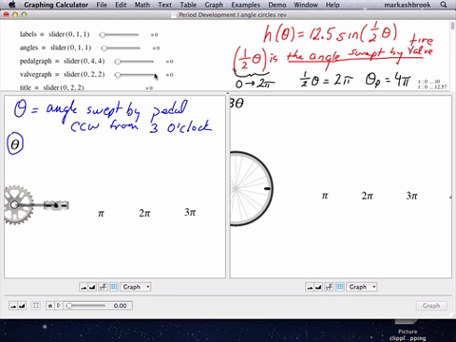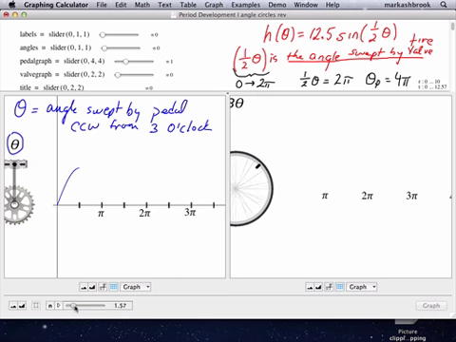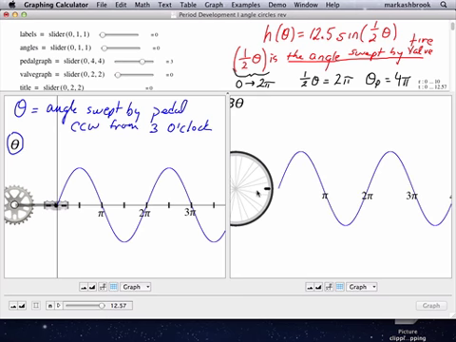So here's, let's see, what do I want? So now we want this vertical distance, right? So here's our vertical distance for the pedal. Okay, so I'll repeat it over there.